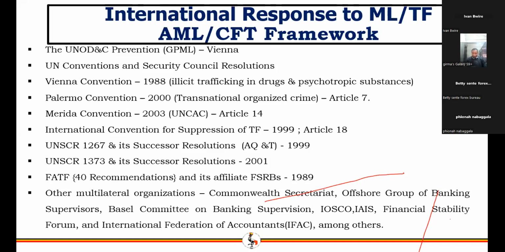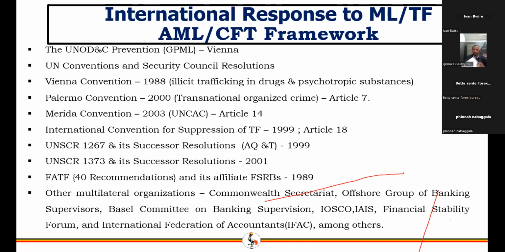And the international perspective encompasses the UN conventions, as you see, the Palermo, Vienna, and the conventions on terrorism financing and on the suppression of terrorism, as well as the FATF 40 recommendations.